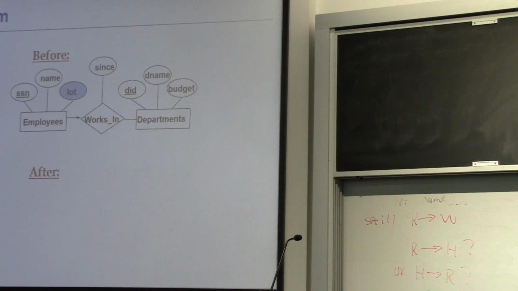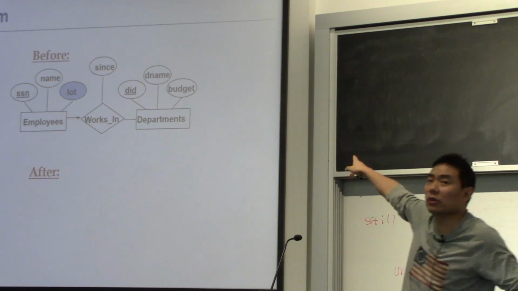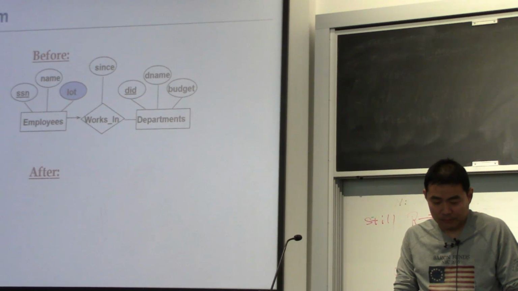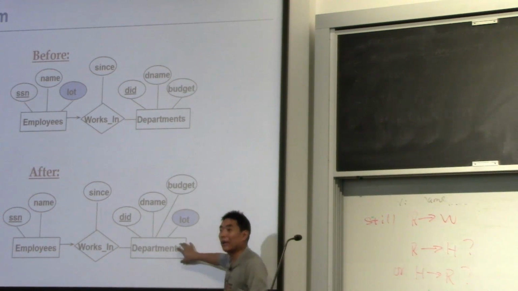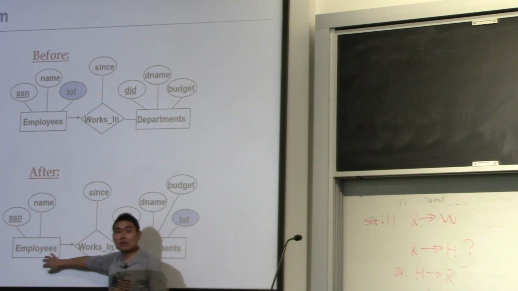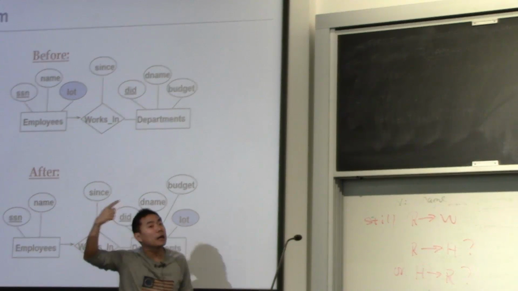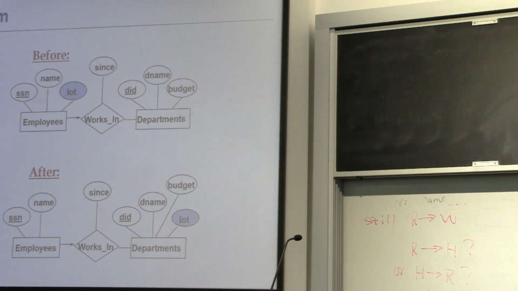But if that's the case, what's the implication for your ER design? Is this still a good design? If that's the case, lot should really be an attribute of department rather than employee. Why? Because if you put lot as an attribute of employee, you are duplicating that association multiple times for all employees from the same department.